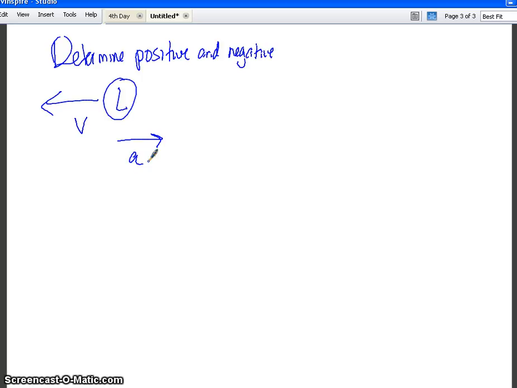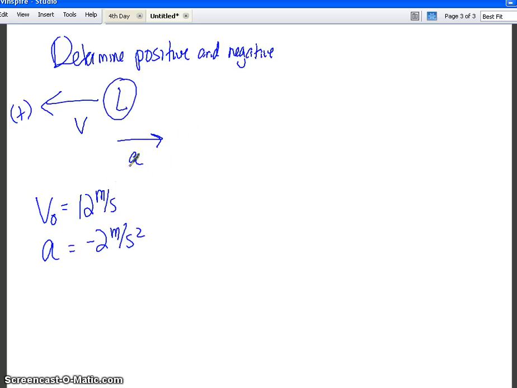We need to start making some claims here. I'm going to call left positive. Our initial velocity is going to be, I'm just making something up, 12 meters per second, and our acceleration is going to be negative 2 meters per second squared, because acceleration is opposite to velocity. I had to make that claim on my own.